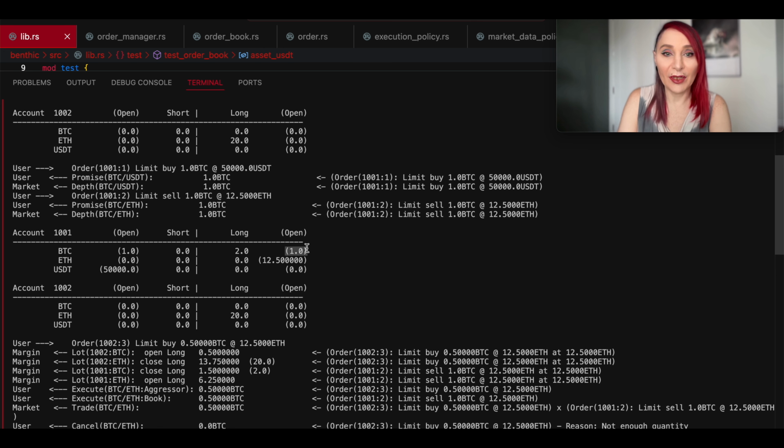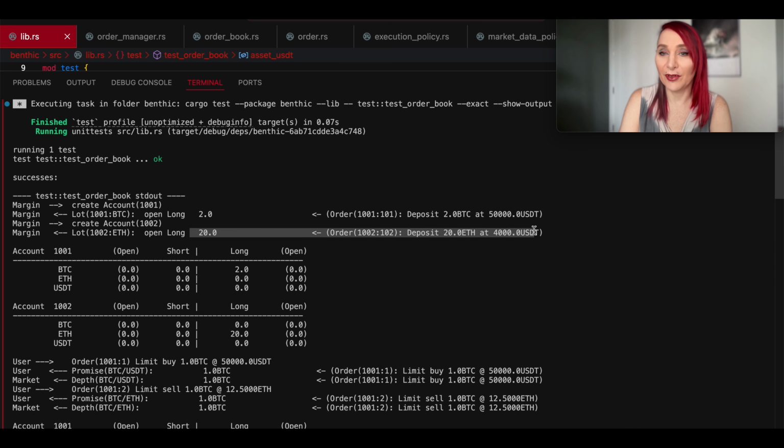So they have 1 Bitcoin open on the long side and 1 Bitcoin open on the short side. The one open on the long side is the one they potentially receive in the order to buy 1 Bitcoin. And the one on the short side is the one from the sell 1 Bitcoin order. Okay? Account number 2 didn't change. They only have 20 Ethereum long from the deposit, from this deposit here.